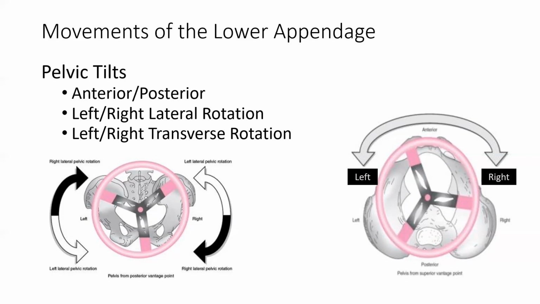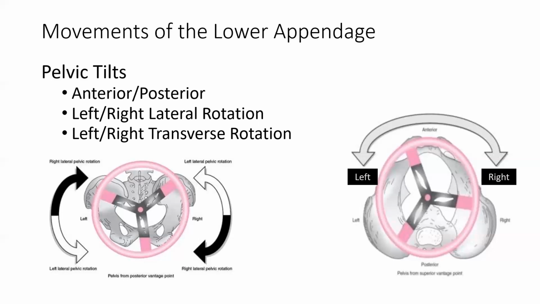When we look at this in the transverse plane, we just shift that steering wheel down to the center, move it into the transverse plane like a bus steering wheel. If you turn that wheel to the right, it's a right pelvic rotation. If you turn it to the left, it's a left pelvic rotation, a transverse plane rotation. I like to use the term tilt for frontal plane and sagittal plane, and then rotation for transverse plane, because we like to synonymize transverse plane and the term rotation.